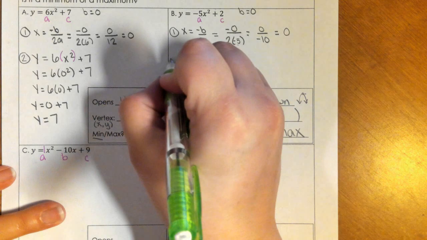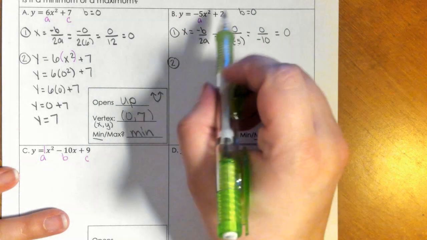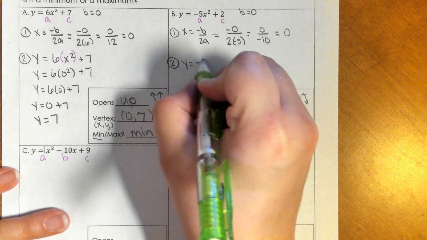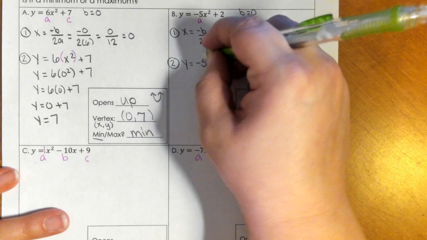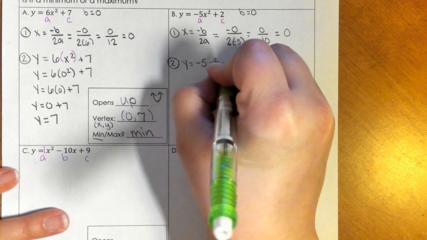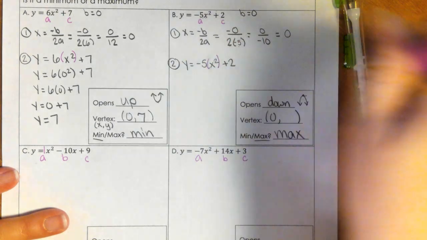Okay, for step 2, I'm plugging that 0 into the x right here. So y equals negative 5x squared plus 2. Remember, you're putting parentheses around the x squared.